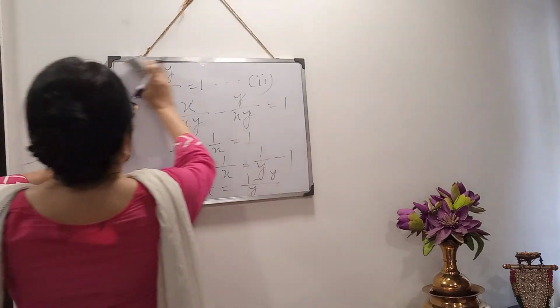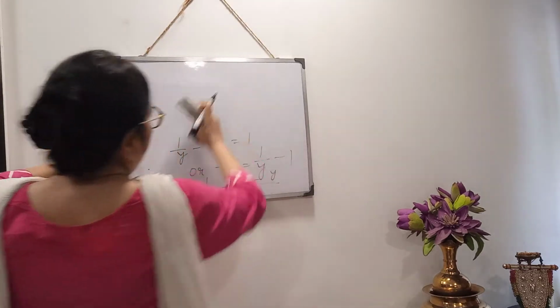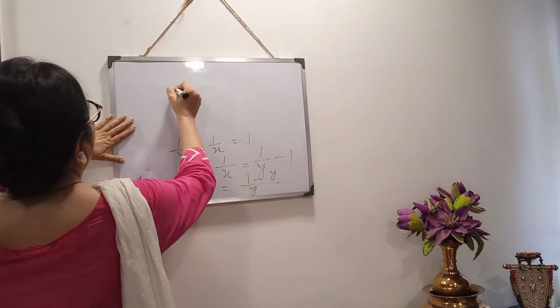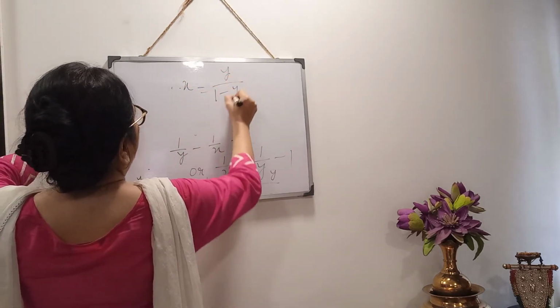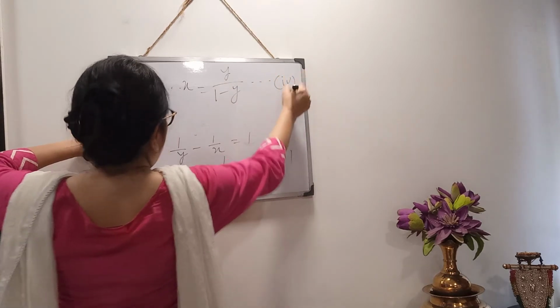From here we can write x equals y by (1 minus y). This is my equation number 4.